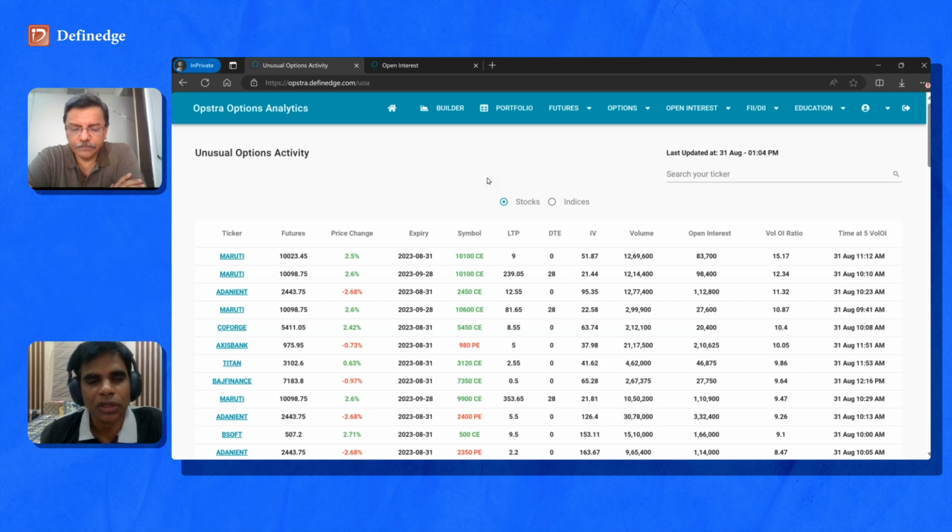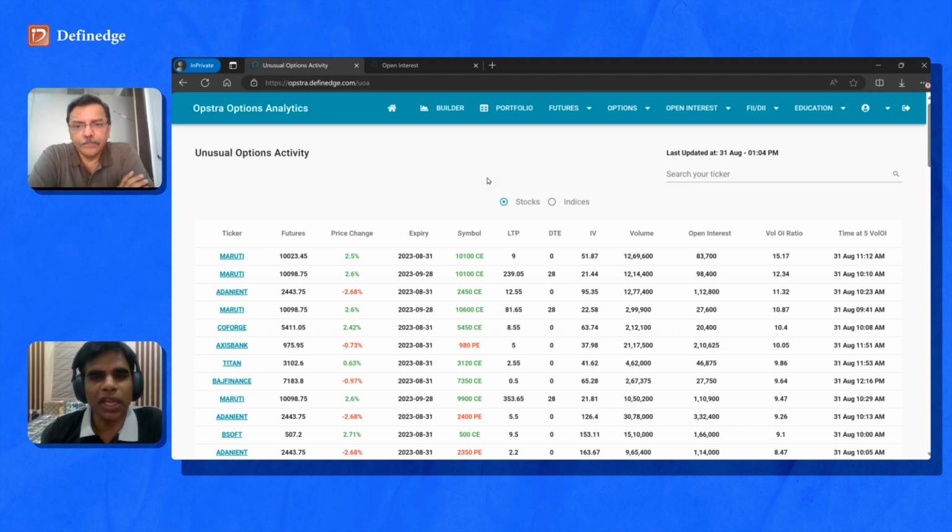Or somebody is trading a lot of volume to enter into this particular position. Another possibility is perhaps they are doing some kind of hedging. So this could be any one of them. But what we are mostly interested in is if somebody is buying in huge quantities. We want to piggyback on that kind of activity and gain something out of that.